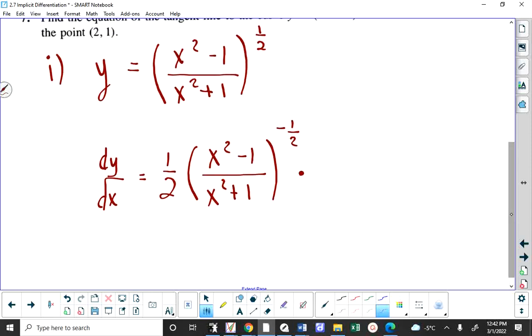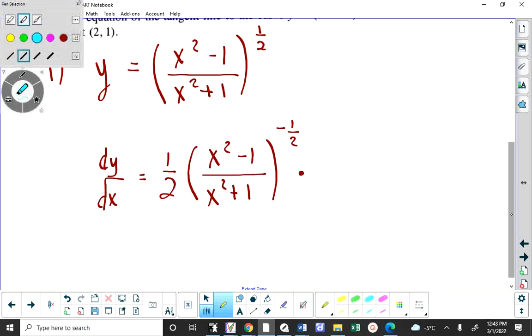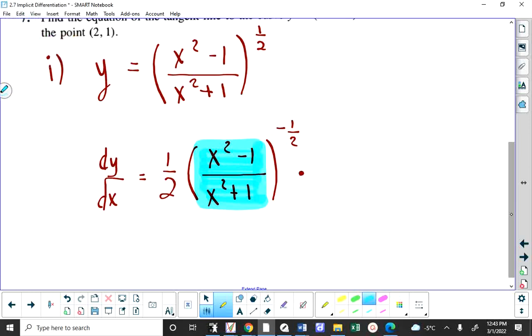But then the chain rule says we have to multiply by the derivative of what we wrap that exponent around. So now I have to multiply by the derivative of this, and I look at that thing and I say, well, that thing is a quotient. And it's all rule oriented. You don't want to get ahead of yourself and just say, I'm going to differentiate the top and differentiate the bottom. It's a quotient.